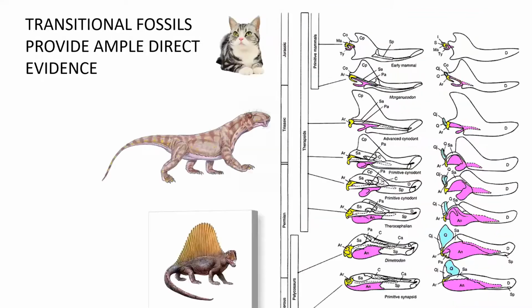We also have an extraordinarily complete transitional sequence between reptiles and mammals. So what we're looking at here are the jaw bones, the lower jaw, the mandible, of different fossils along this lineage, from reptiles like our old pelycosaur, sail-finned reptile, which, like all other reptiles, including those today, have a mandible composed of multiple bones.